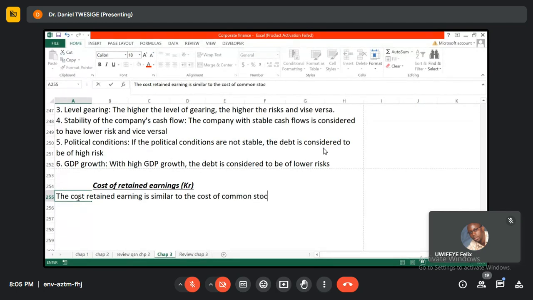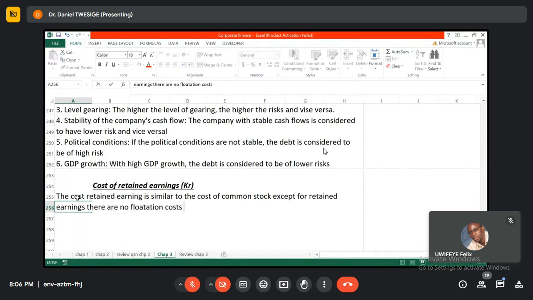Except that for retained earnings, there are no flotation costs.